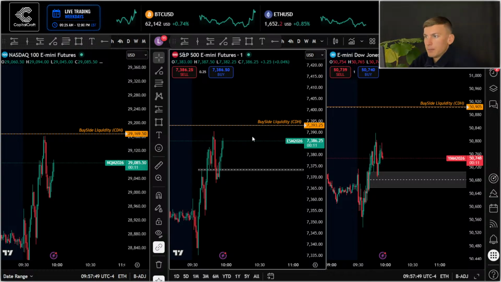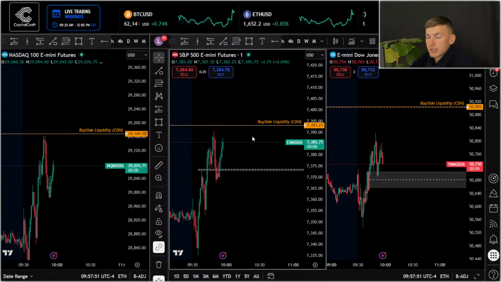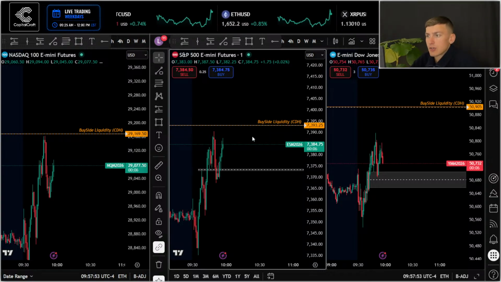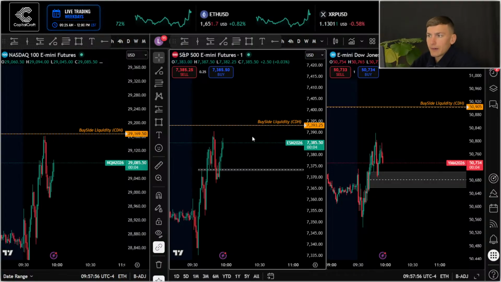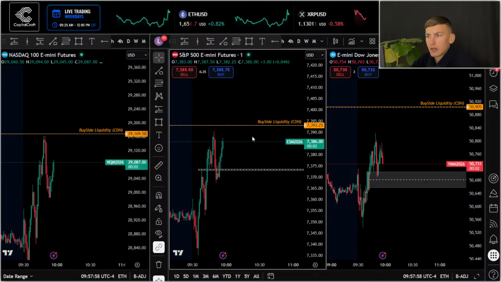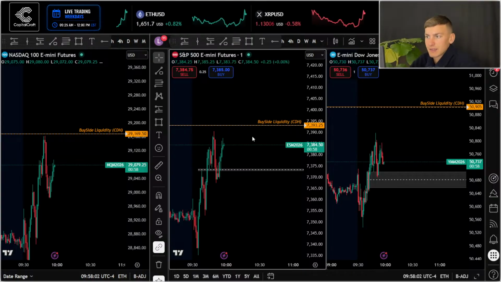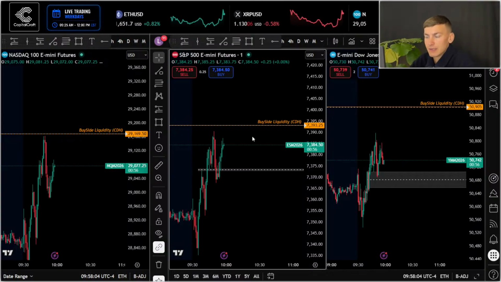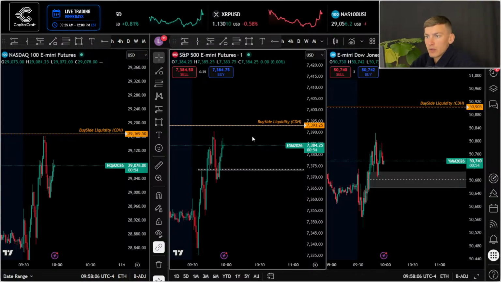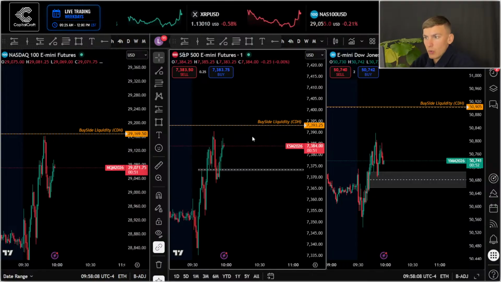Alright guys, I'm not seeing anything right now. I've got my eyes glued to the screen so you guys don't have to. But right now the Dow is moving a little bit further down where the other two indices are failing to do that exact same thing. That is ideal. That's exactly what we want to see. We are just going to remain patient once more.